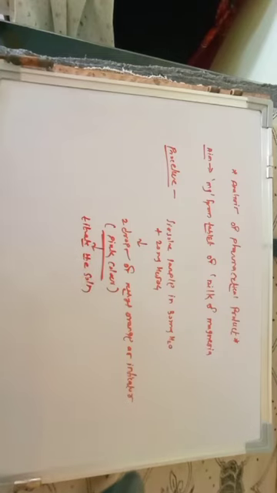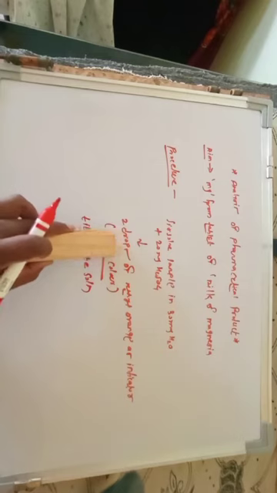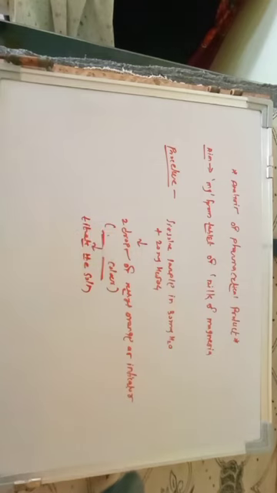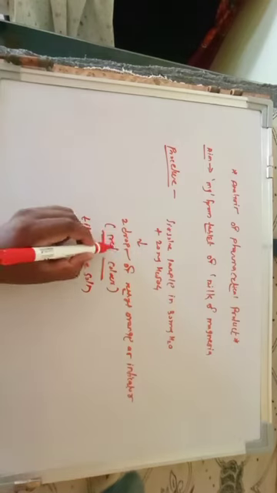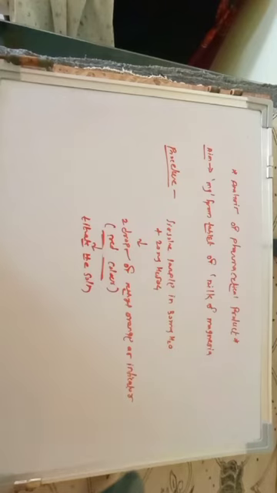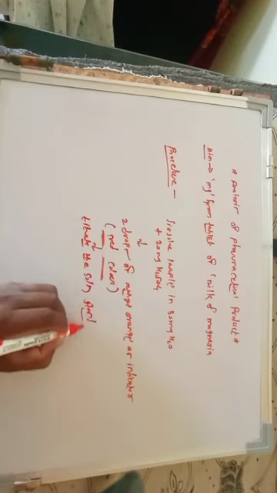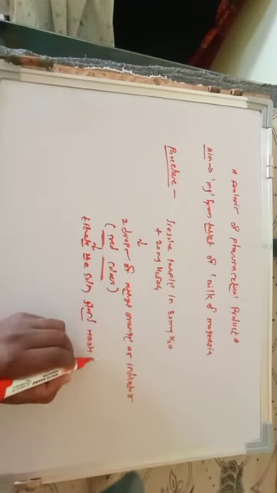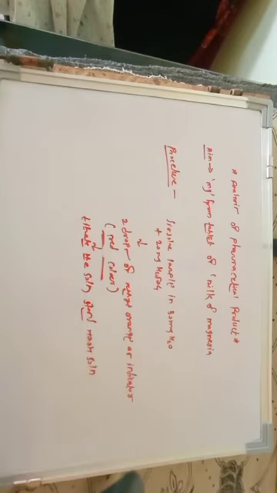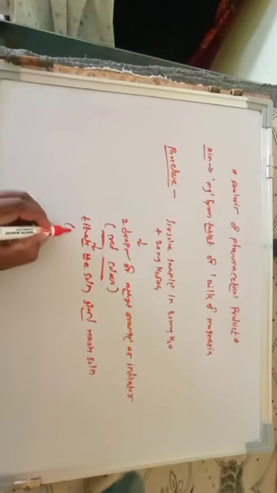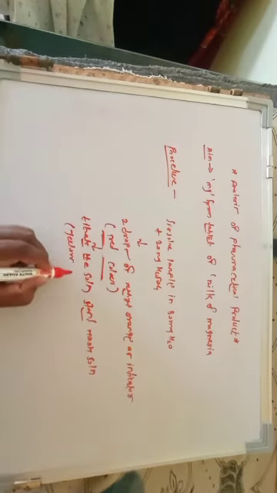You consider the red color and titrate the solution with standard NaOH solution until we get the end point, that is a yellow color solution.